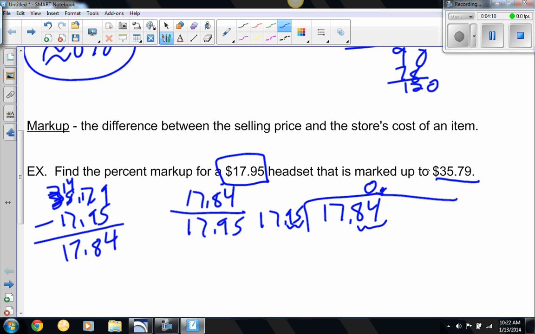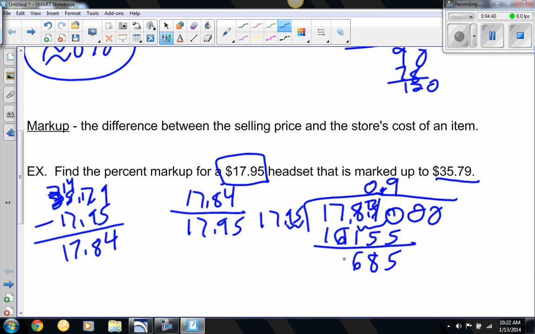So it will not go in there. So we're going to have to borrow some zeros. So we're going to have 9 again here.